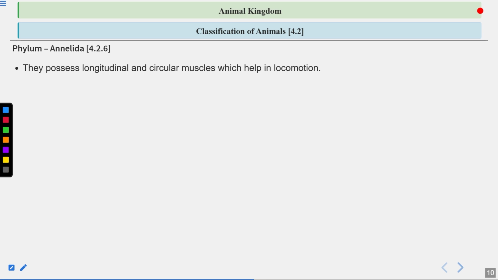Now they possess longitudinal and circular muscles which help in locomotion. They have a proper muscular system here. We have seen that they have the organ system level of organization. So they have a proper muscular system also, right? They have two different types of muscles, longitudinal and circular muscle, that help in the process of locomotion.